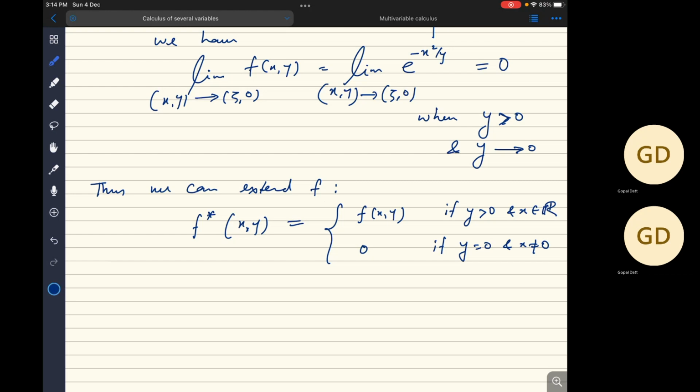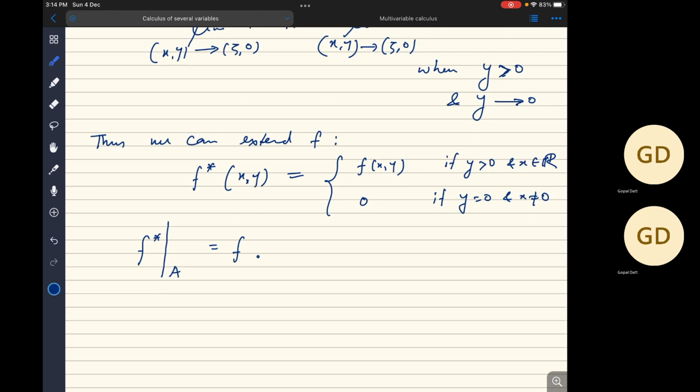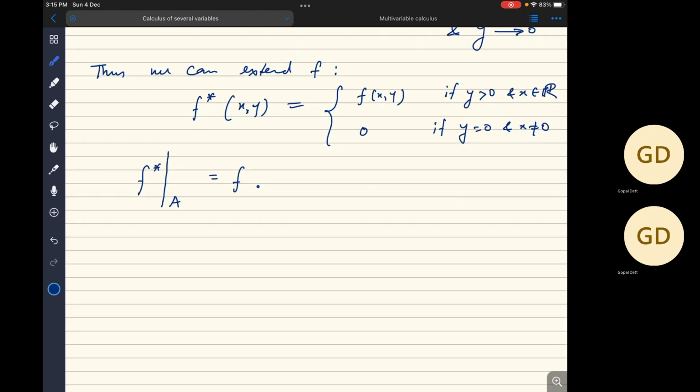Correct? So we can define another function f star, meaning we can extend f. Here you see, when we restrict f star to A, we will get f. This is the definition of an extended function.